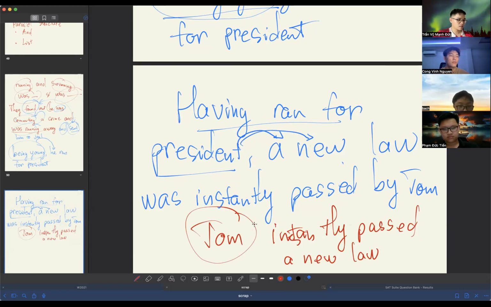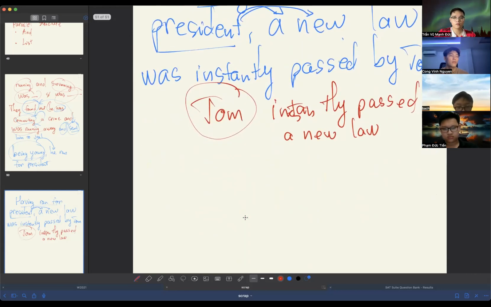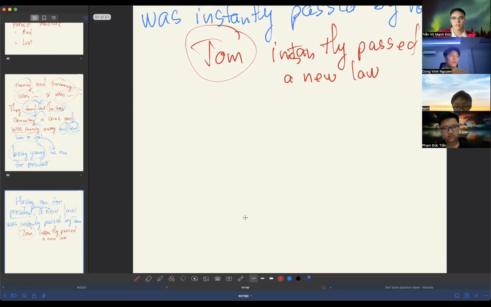Okay, next up is appositive or complement clauses. An appositive can be understood as a modifier in the middle of a sentence.